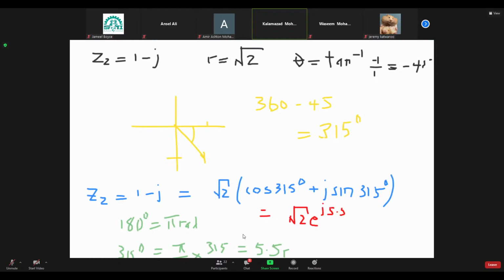All right, so this is your polar form and this is your exponent form. Okay, everybody comfortable with that? Everybody understand exactly what we did? No problems, right? Good. All right, let's do another one.